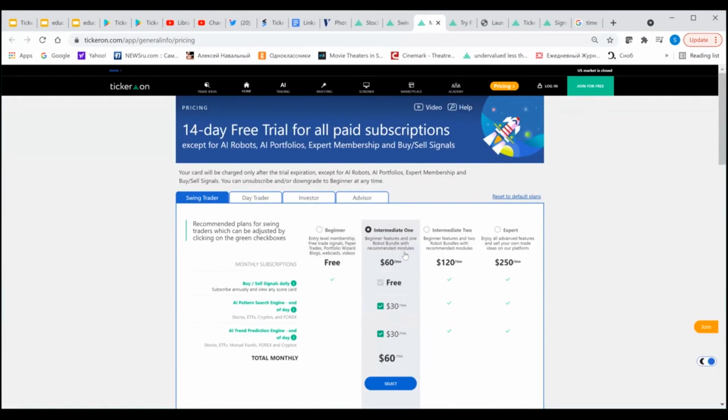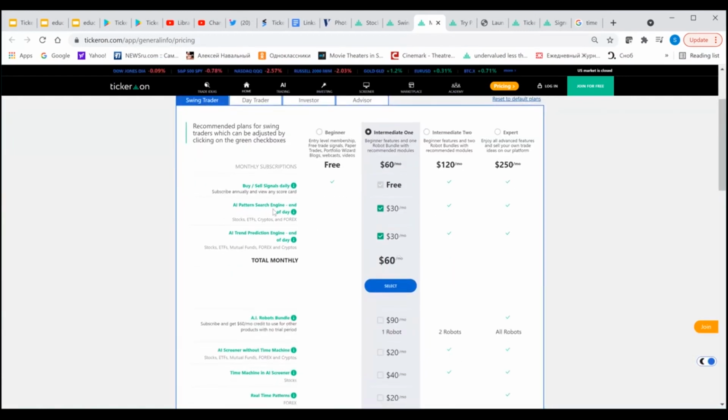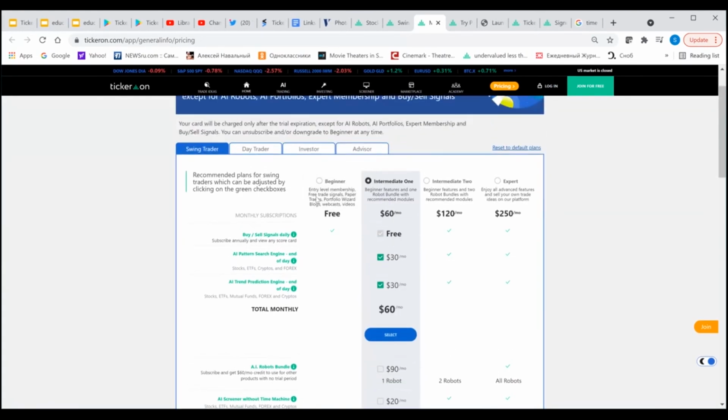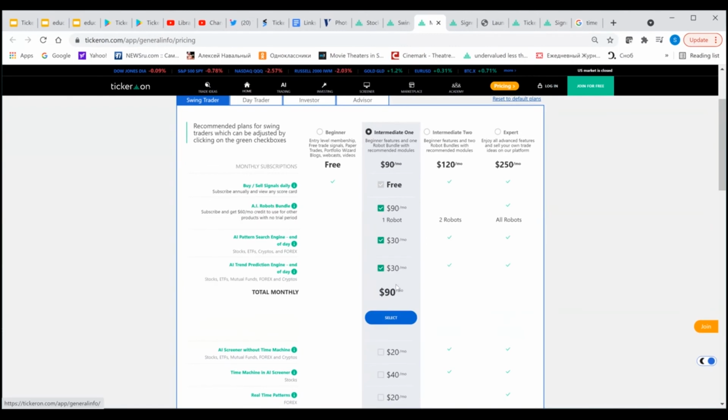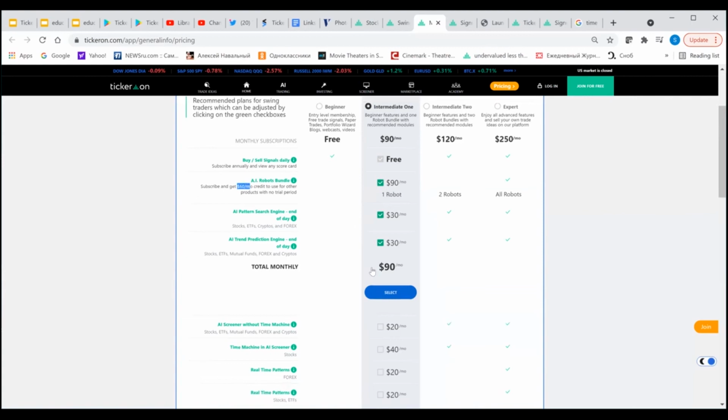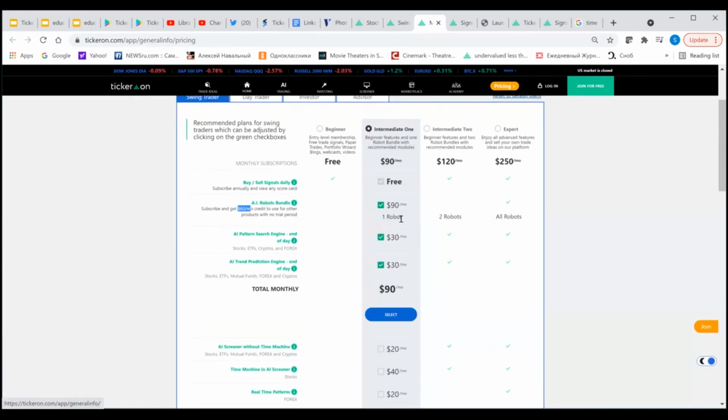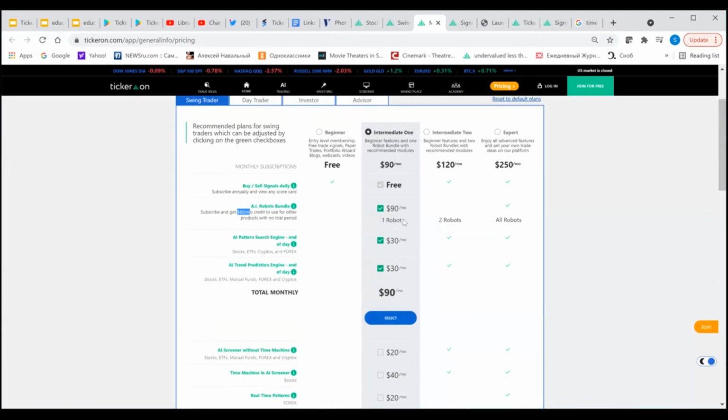You see, I showed you the pattern search engine and then the trend prediction engine, it's $60 on the intermediate for the swing trader, but if I add a $90 robot, which we built, here you can build yourself, it's going to be an extra only $30, because these other 2 products are given for free because you get a $60 credit. So when you get one robot, you get these tools for free. That's the deal. If you get 2 robots, then you get $120 credit for other products.